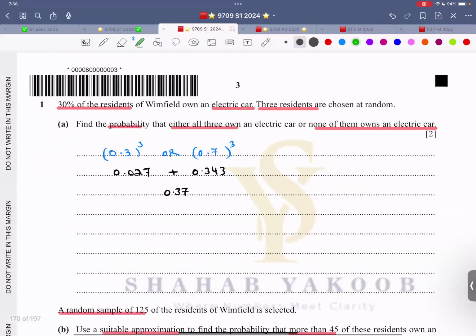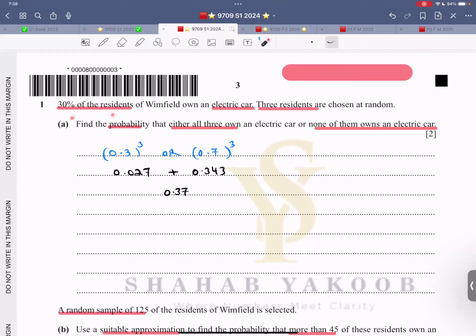Now let's get started with the first question. Let's read it first. It says 30% of the residents of this town own an electric car. Up till here, you probably think that it's either about binomial or about geometric because probability of success is given. 3 residents are chosen at random.